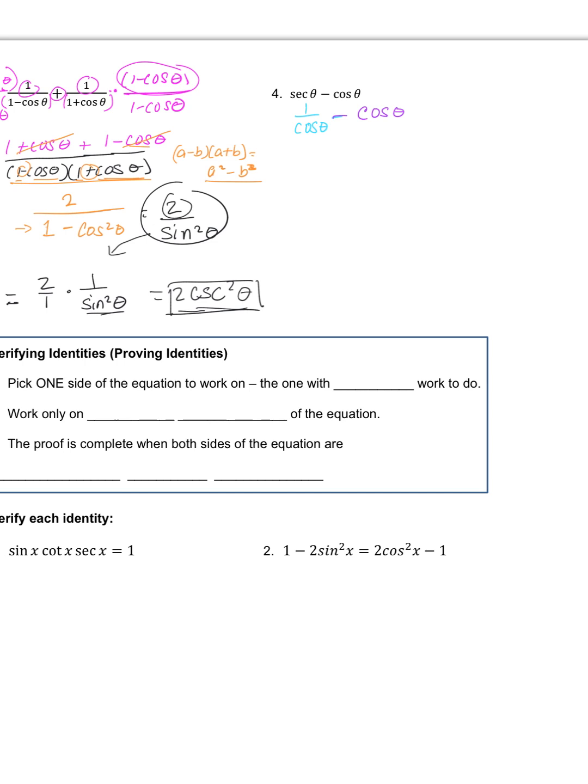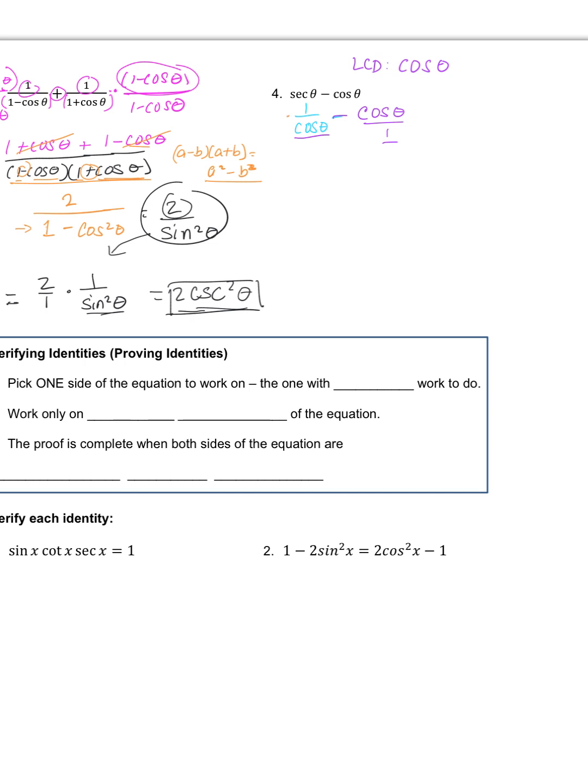If I put that over 1, now I have two fractions, and I need to make it 1 fraction. So I multiply by the LCD. The LCD is going to be what I see here, so my LCD is just cosine theta. Now I need to make sure that I multiply every fraction by what it needs.